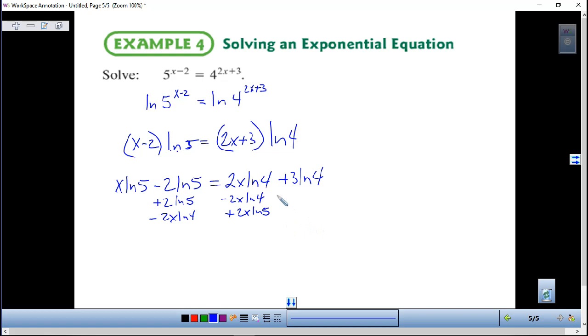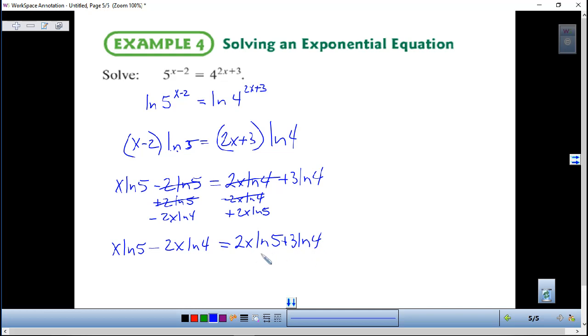Alright, so at that point, we know these are going to cancel out. We know those are going to cancel out. So we have x natural logs of 5 minus 2x natural logs of 4. And over here, we have 2x natural log of 5 plus 3 natural logs of 4.